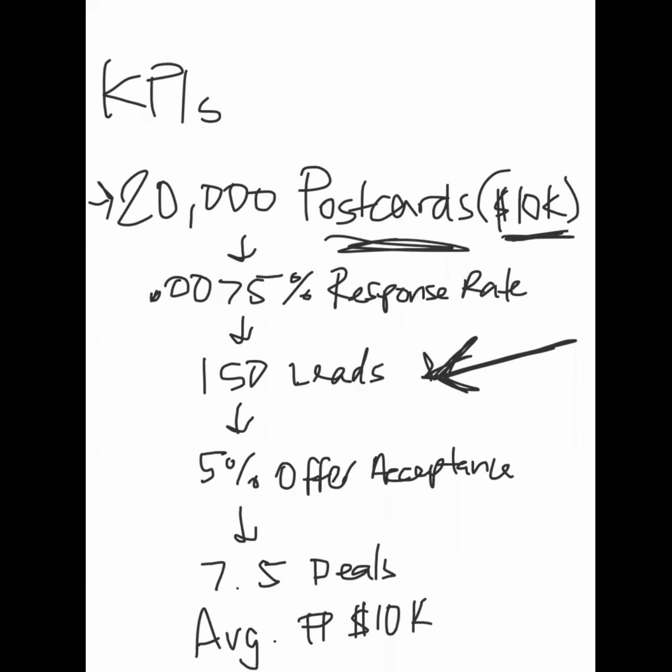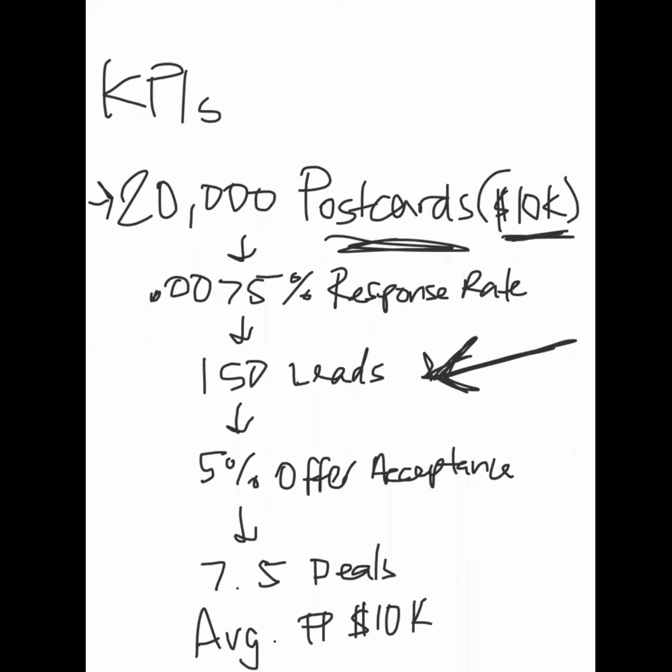So out of the 5% that accepts, it filters down to 7.5 deals. Okay. 7.5 deals. That means that 7.5 of those you're going to be able to get under contract, have them e-sign or whatever else. And because they're accepted and they're at a good number, you'll be able to present those offers to actual prospective clients. Okay.